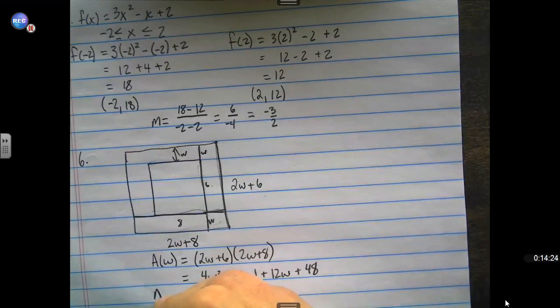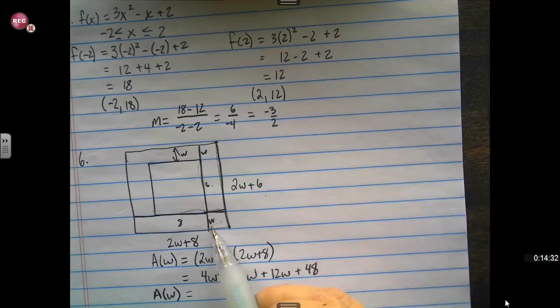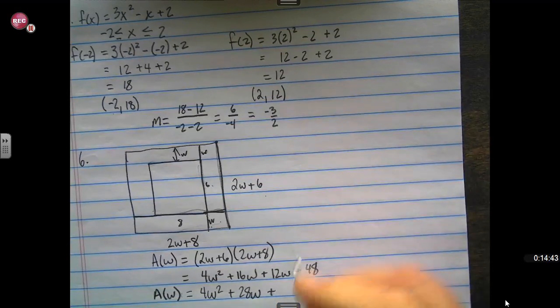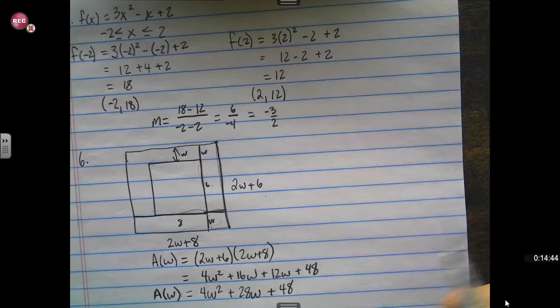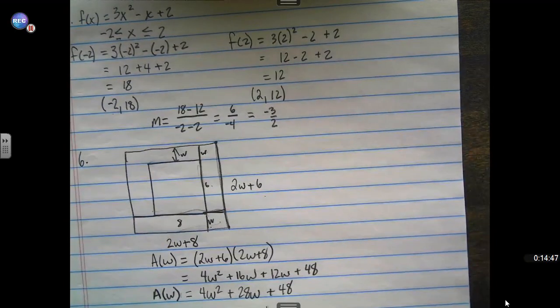Or the way we would want you to write your answer is A of W equals, because I did tell you to use the variable W, and I told you to name the function A. So A of W equals 4W squared plus 28W plus 48 would be our answer when we simplify that. Okay.